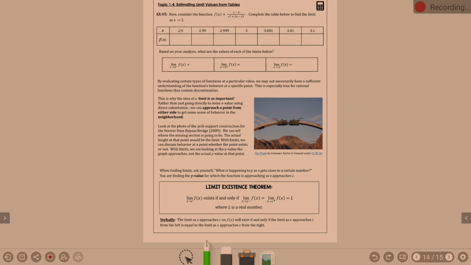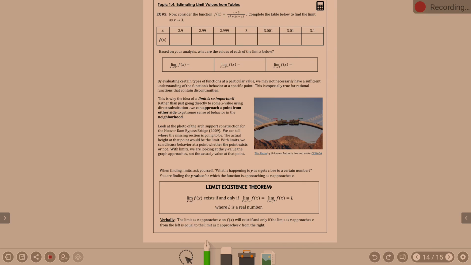Calculus loves tables. Okay? So, consider the function f of x equals x minus 3 over x squared plus 2x minus 15. If we had a graph, it'd be easy to find the limit as x approaches 3. Right? You're looking from the left, from the right, and you're looking to see where they go.